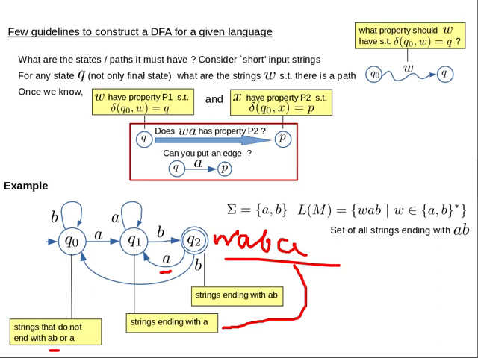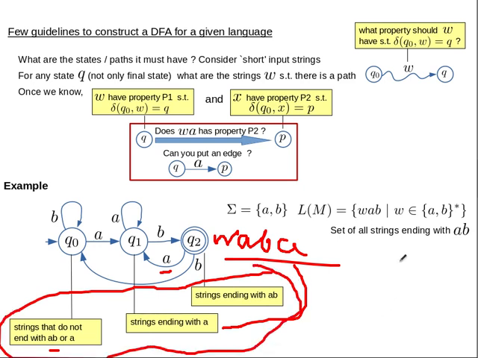Whatever guess you made, that this should correspond to these strings, this to these strings, and this to these strings, this is the claim that you make in order to properly prove this thing. You prove this claim using induction on the input length.